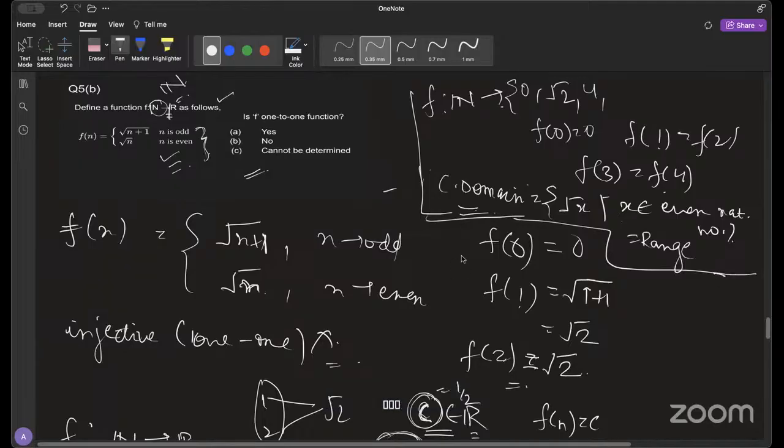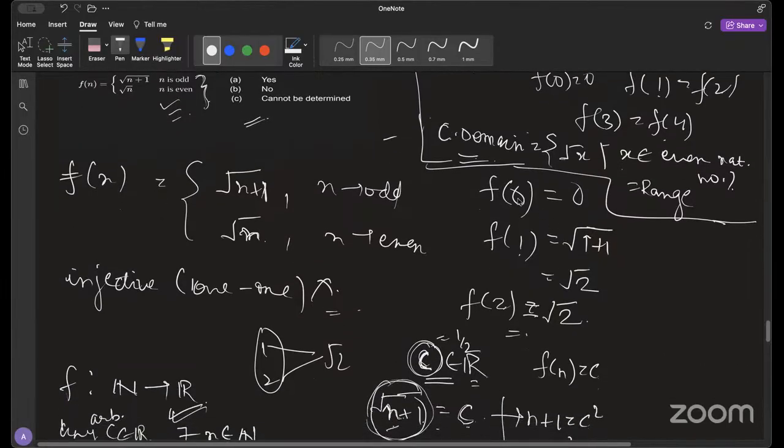Ma'am, I've got the onto part. Can you please explain the 1-1 part again? Okay. In this function we've only tried to find the values till 2, and then you can see that f(1) and f(2) are giving the same value. So 1-1 means, in diagram form, it looks like this.